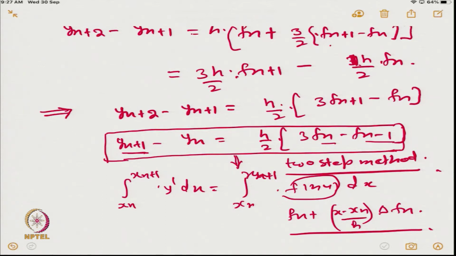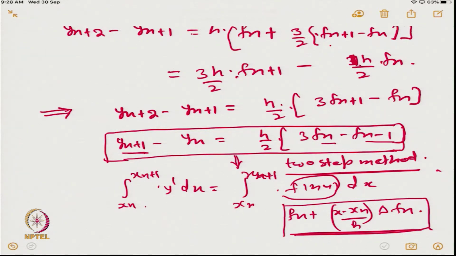But now one specific thing about this and the previous case was that in the previous case I was integrating from xn plus 1 to xn plus 2, and inside this interpolating polynomial, I was keeping the term which was involving only points at x is equal to xn. But in this case I am integrating from xn to xn plus 1, but still inside this I am keeping the same terms.